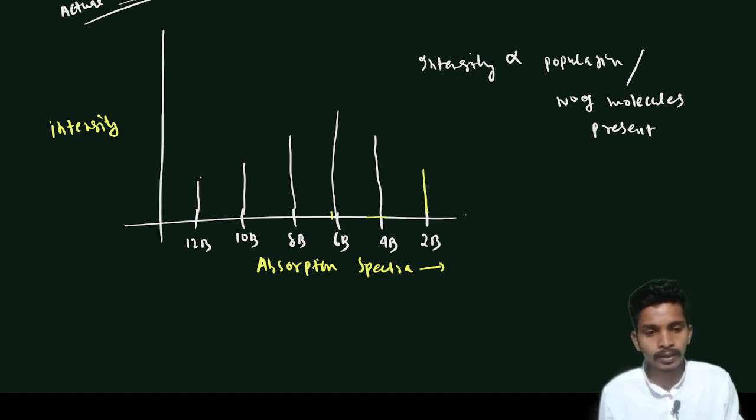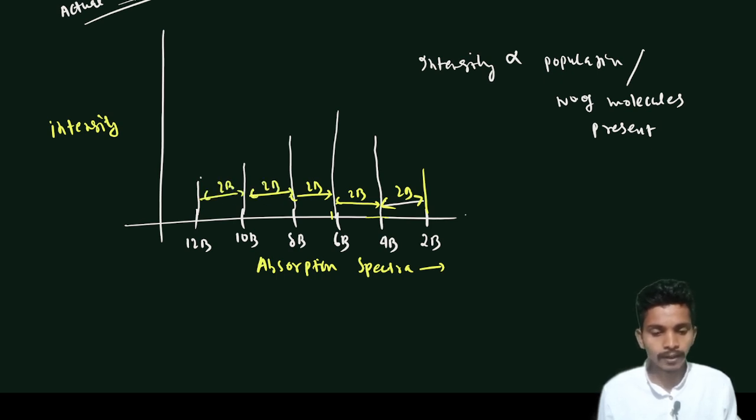Now another thing, if you observe here, the difference in between is 2B. Here also you can see the gap is 2B, here also the gap is 2B, and here also the gap is 2B.